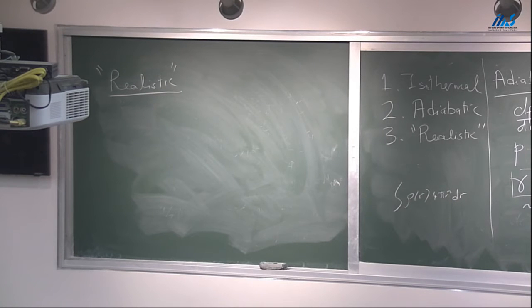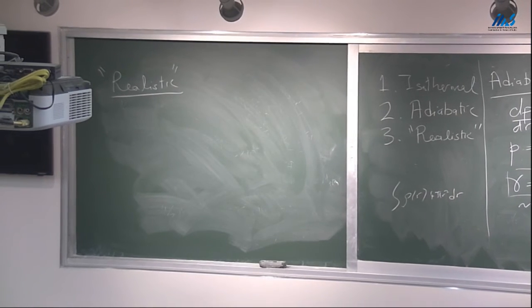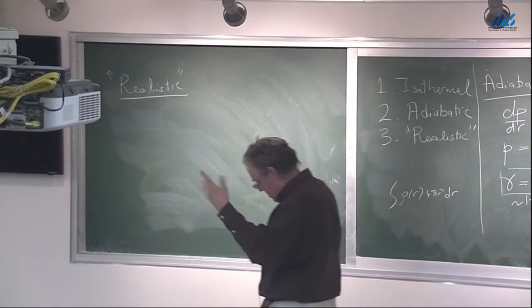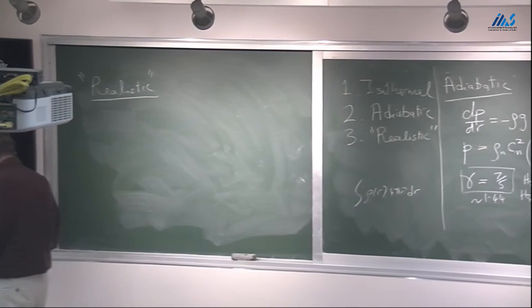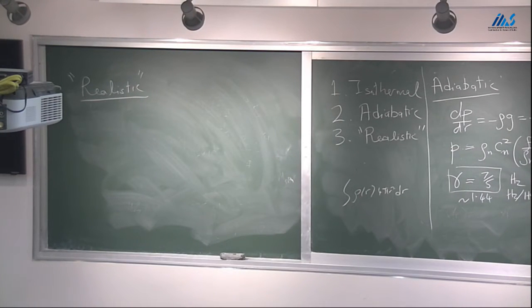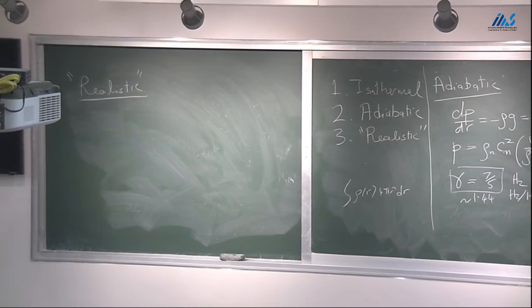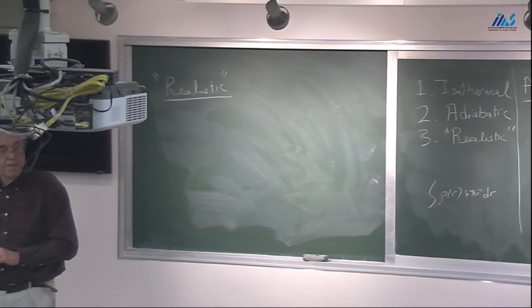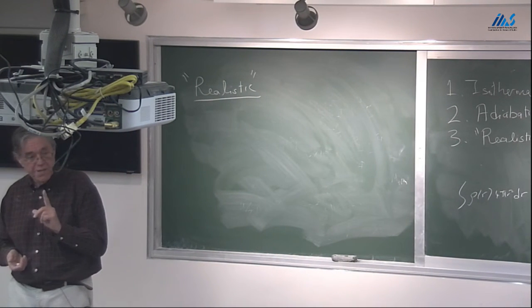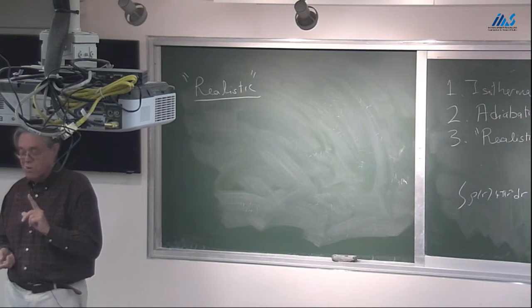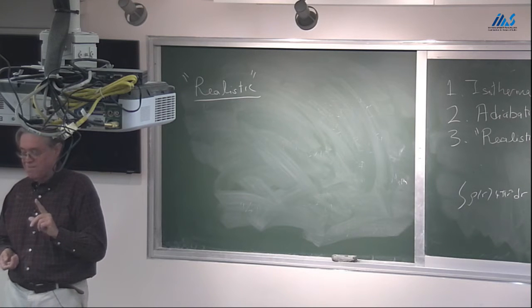Having seen these two extreme cases with very different answers, 1 Earth mass, 100 Earth masses, something like that, you say to yourself, well, it's abundantly clear now that I have to worry about how the energy leaves the body as I make it. And therefore I have to worry about timescales, and I have to worry about opacity.